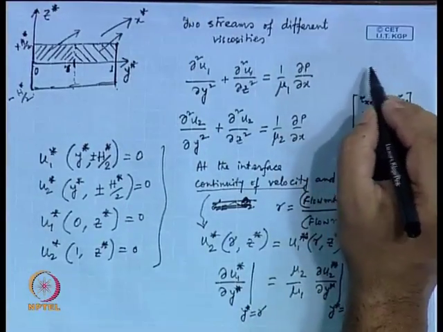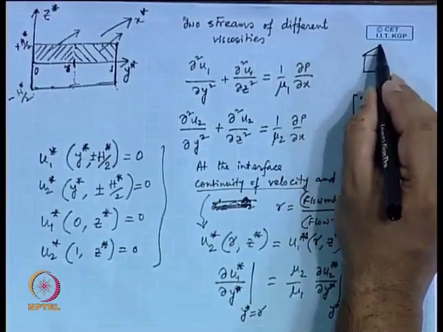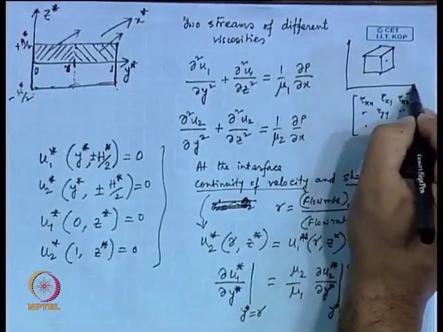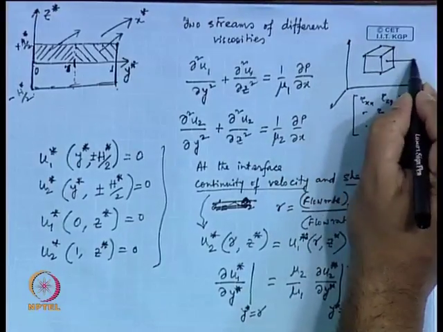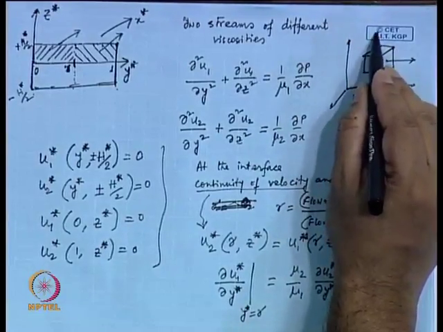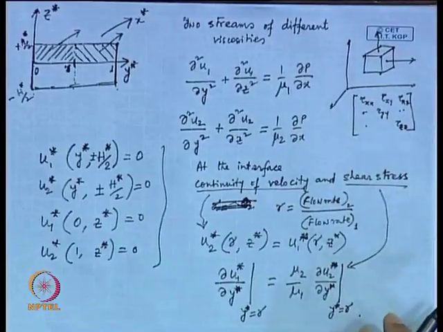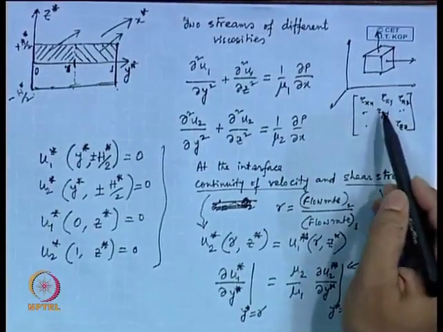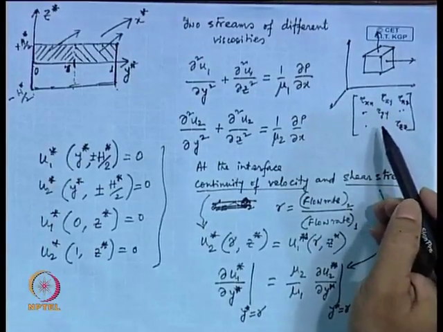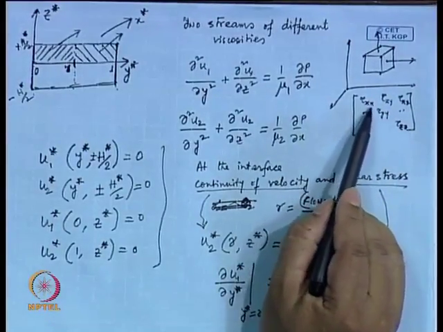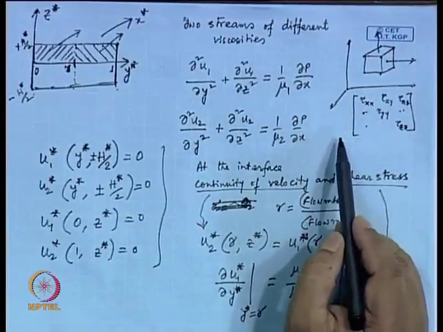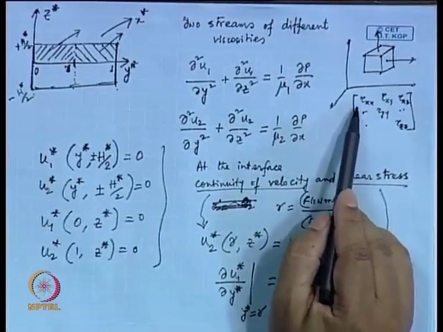These tau terms arise if you pick up a differential element with x, y and z axes. The normal components are written as tau xx, tau yy and tau zz, and the cross terms are the other elements in the matrix other than the diagonal elements. Pressure is given as the negative of the average of these three quantities. That is how you define it.